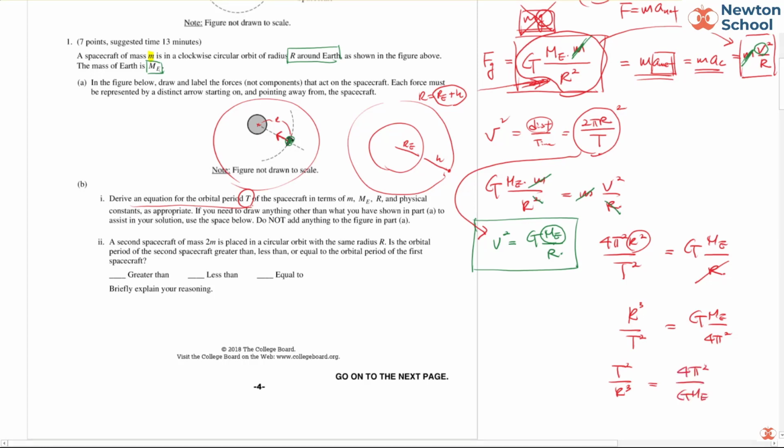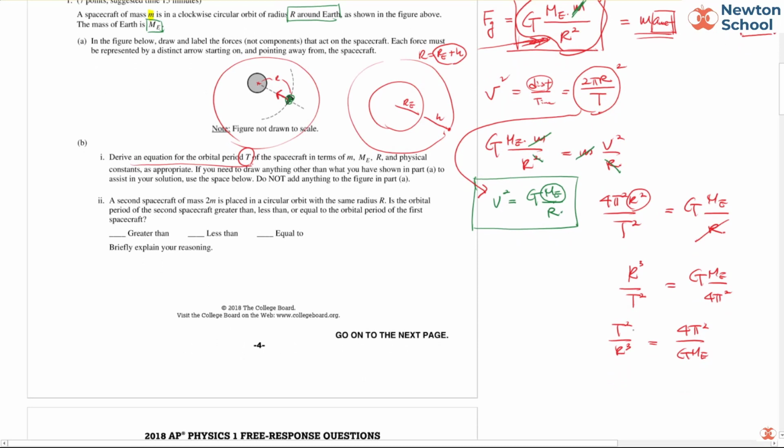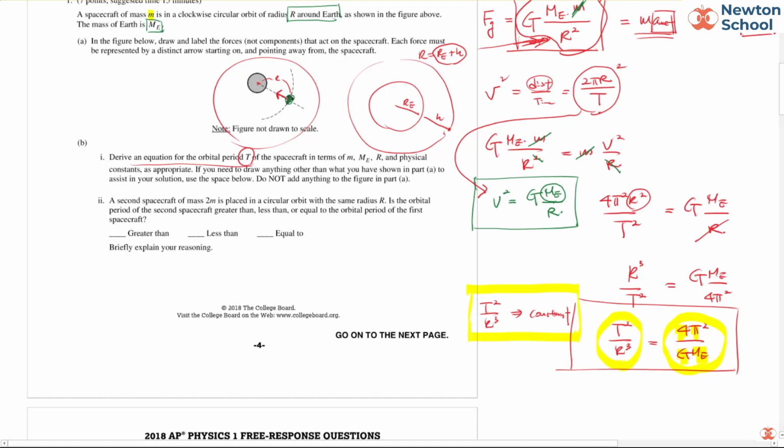You may ask, why did you do this instead of solving for T? Because this is actually Kepler's third law. T squared over r cubed is constant, because 4 is constant, pi is constant, G is constant, and the mass of Earth is constant. So the right side is constant, so the left side is constant. This is actually the proof of Kepler's third law.